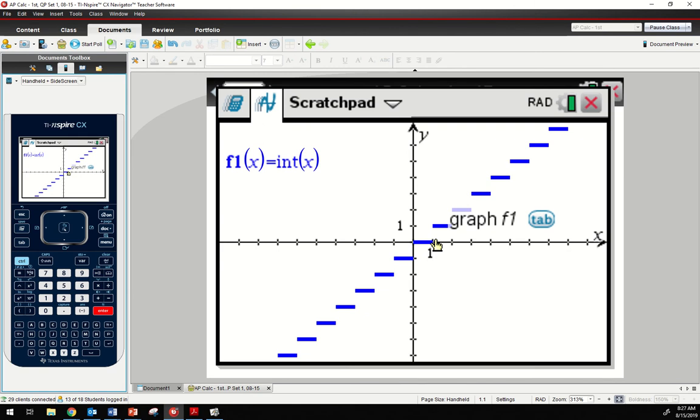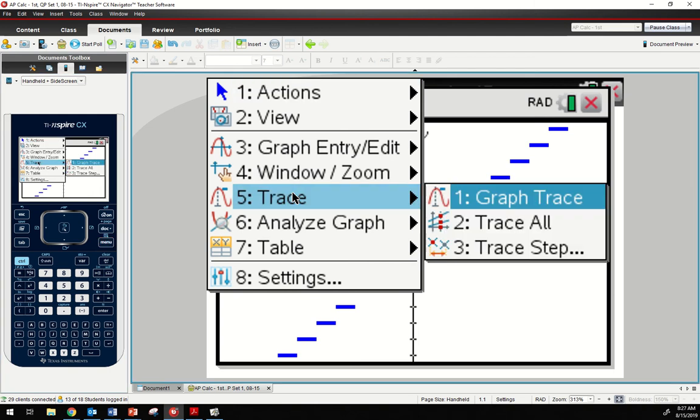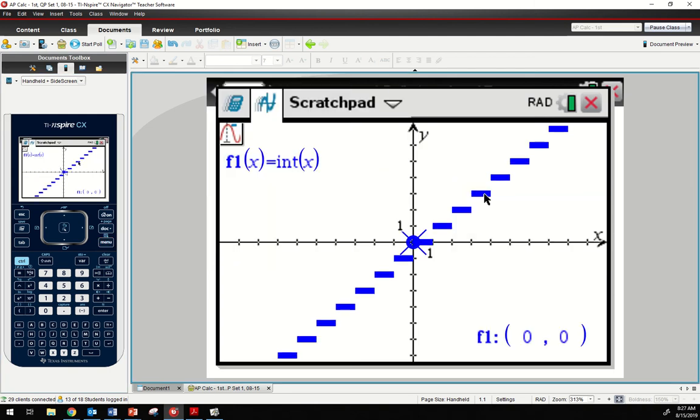So I'm going to do this thing on my calculator that says menu. I'm going to trace graph, so I can just go through and actually trace it and see where it's at. So at 1, I'm just going to put in the number 1. The trace function is on, at the upper left.